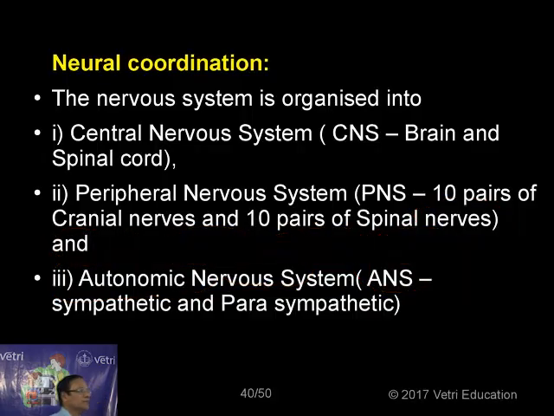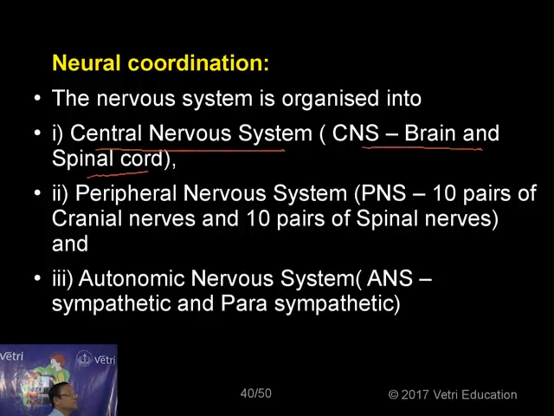Now neural coordination. I mentioned we have two coordinating systems in the body: chemical coordination and neural coordination. Neural coordination is brought about by the nervous system, which is broadly classified into divisions. One, the central nervous system, which includes the brain and spinal cord.